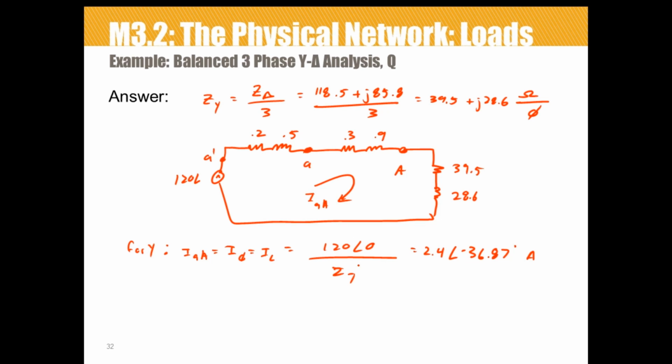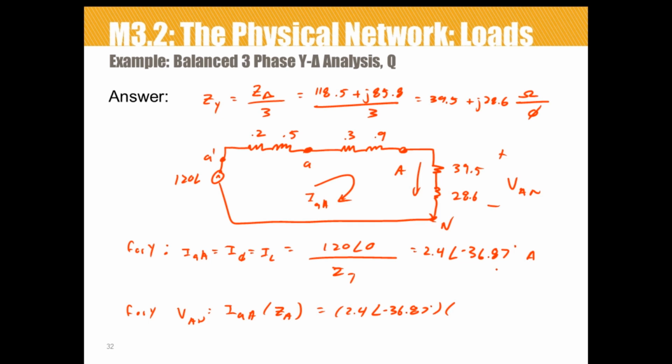So the next thing that we're going to do is use this current flowing through here to calculate the phase voltage in the Y equivalent. So that's just IAA times ZA. So that's 2.4 at an angle of negative 36.87 degrees.